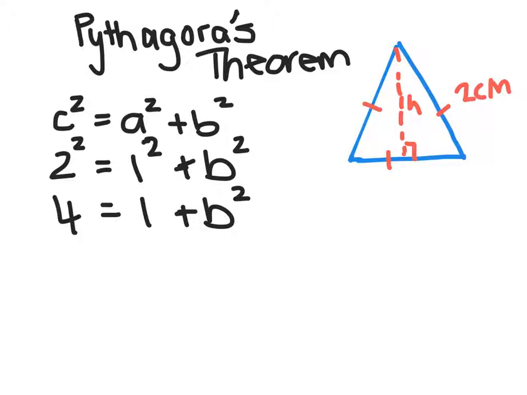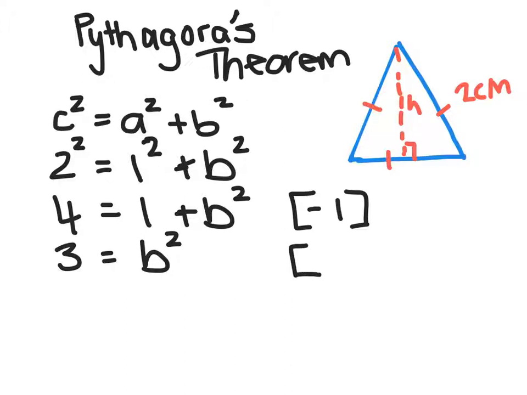So we're just going to subtract 1 from both sides. And that leaves us with b squared equaling 3. And then to find what b equals, we just need to find the square root. So the inverse of squaring is the square root of both sides.